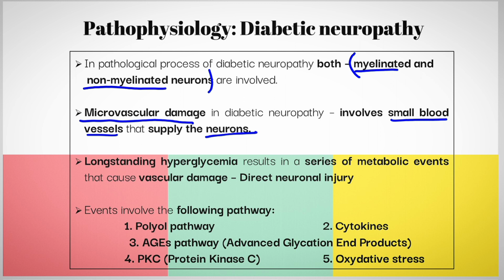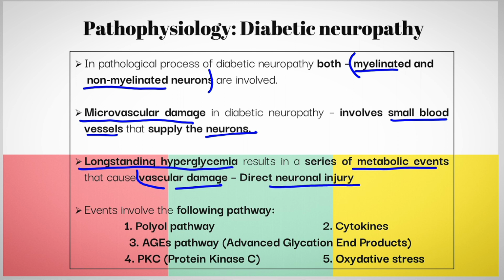It is also found that long-standing hyperglycemia can result in a series of metabolic events which ultimately damage the vessels which supply the neurons, and ultimately neuronal injury can be seen.